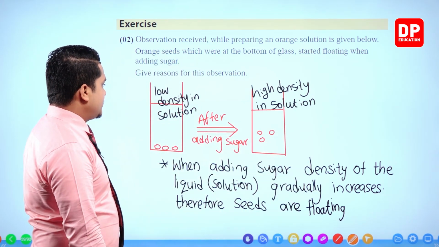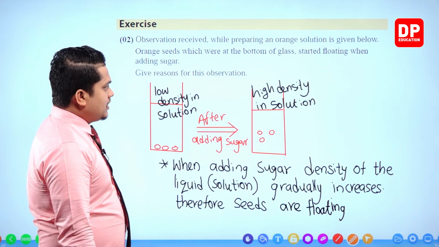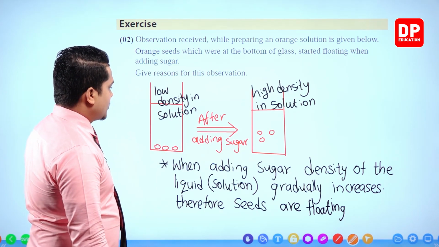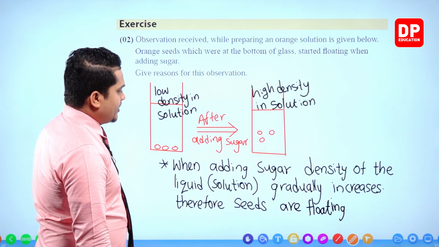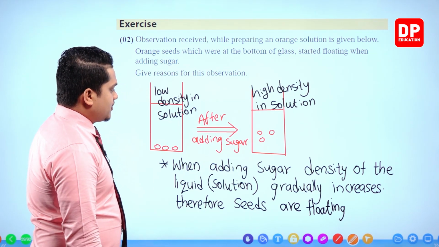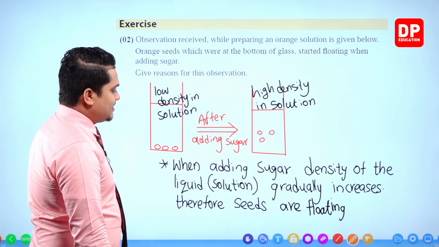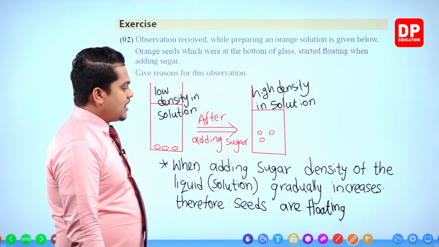So low density in solution, then over there, high density in solution. This is what happens after adding sugar, my dear children. So when adding sugar, density of the liquid or the solution gradually increases. Therefore, seeds are floating. This is our answer.